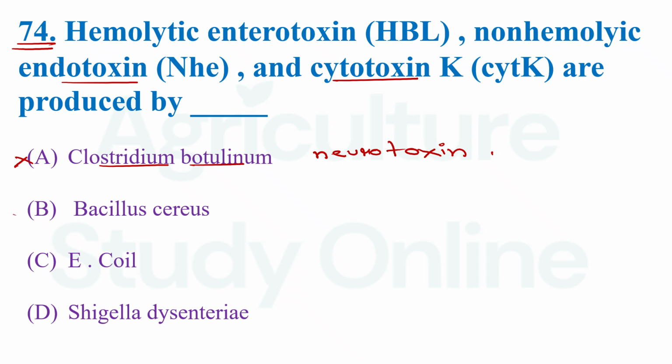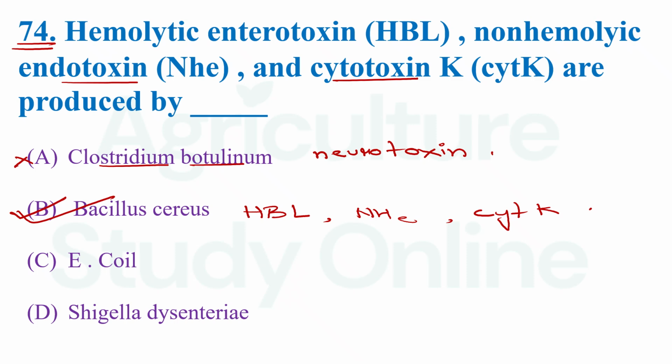So it is our correct option. It produces hemolytic enterotoxin, non-hemolytic enterotoxin, and cytotoxin K. It causes basically the diarrheal type of food poisoning.